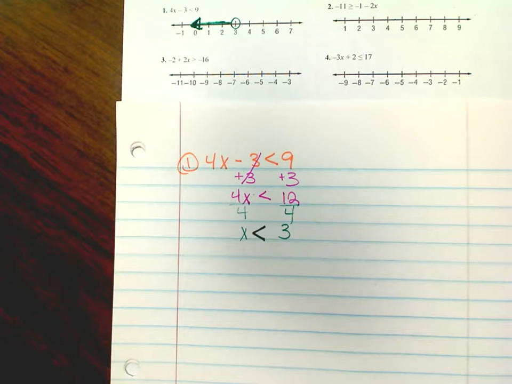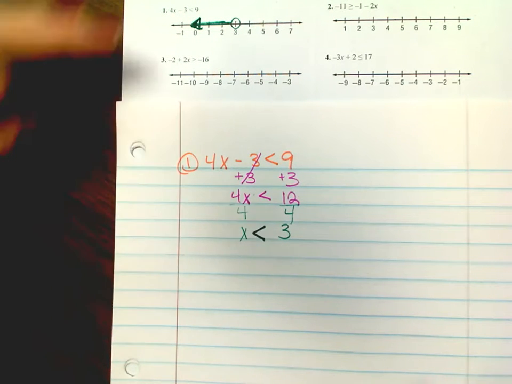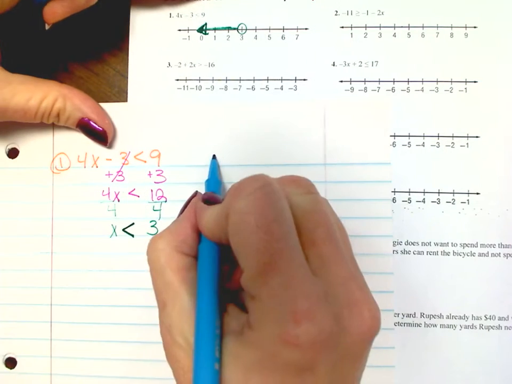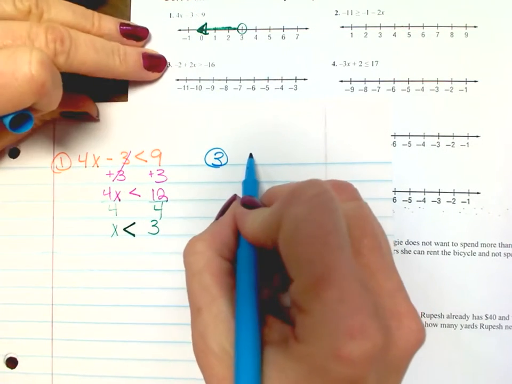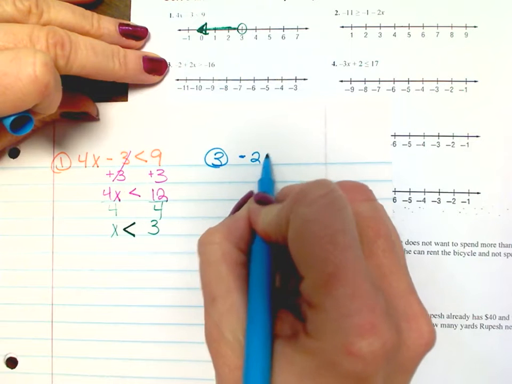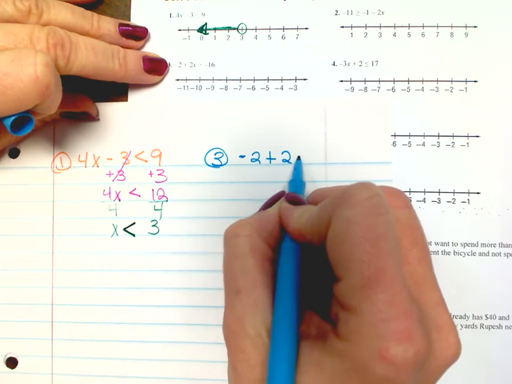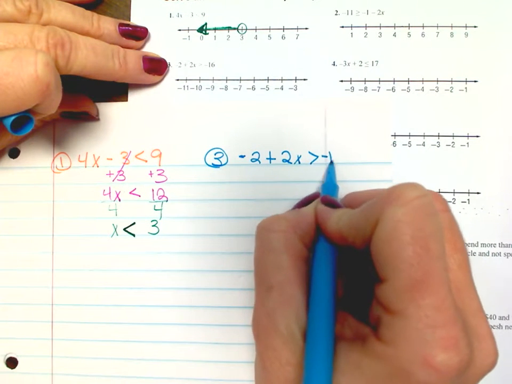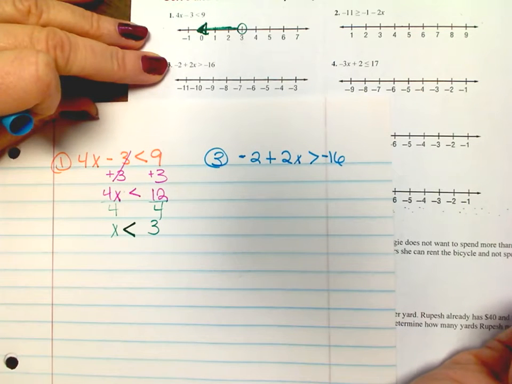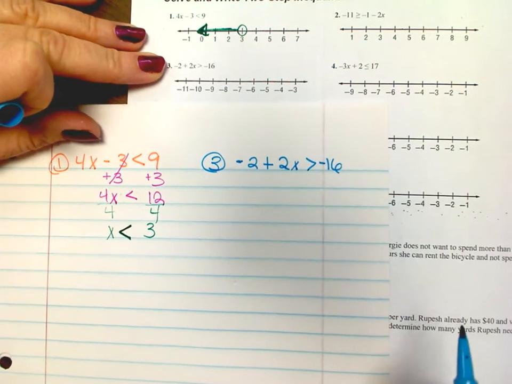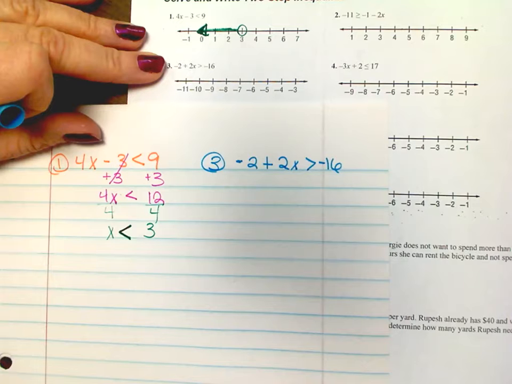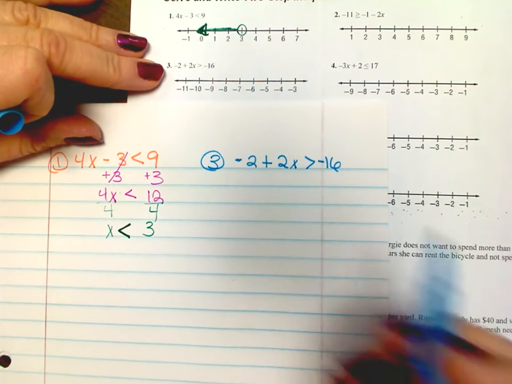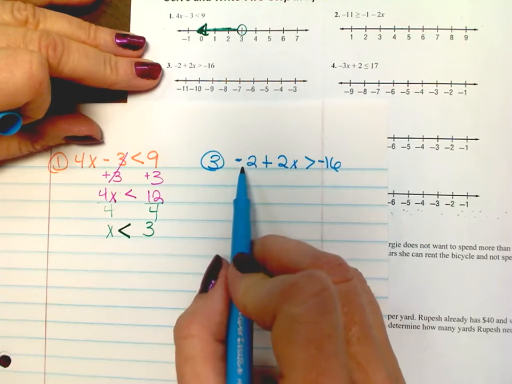Number 3. Negative 2 plus 2x is greater than negative 16. Again, I want to get all of my whole numbers together. So you need to do the opposite.